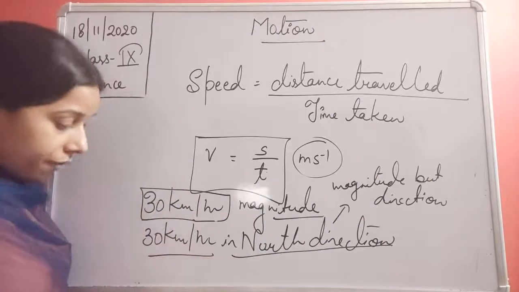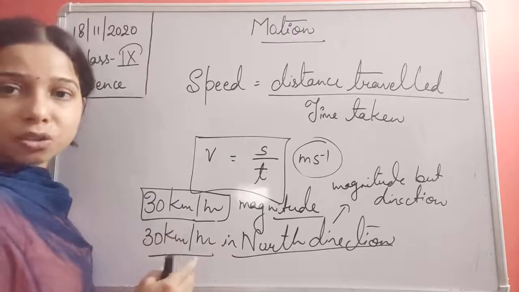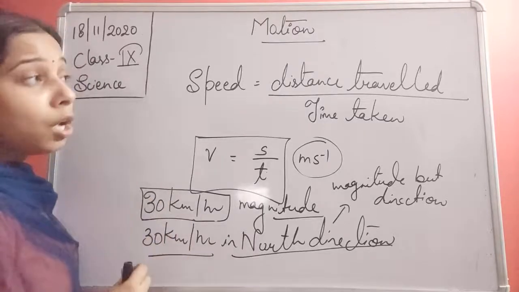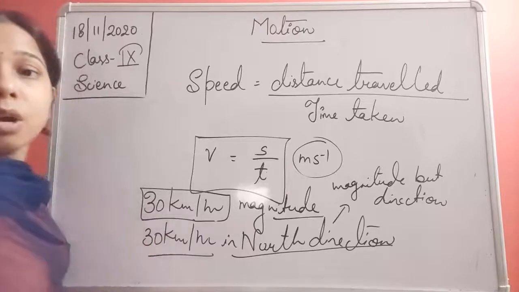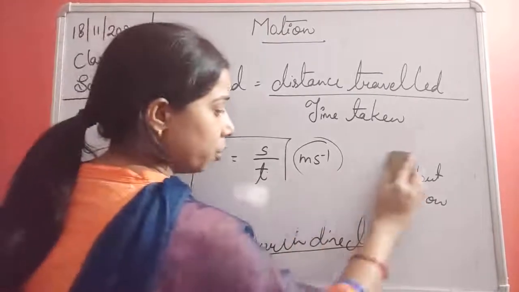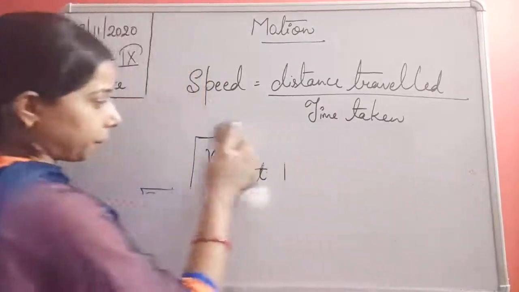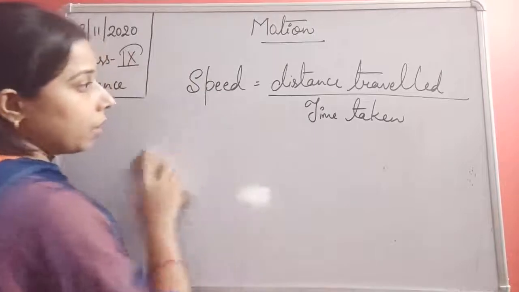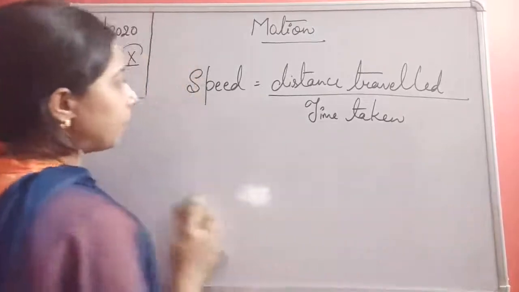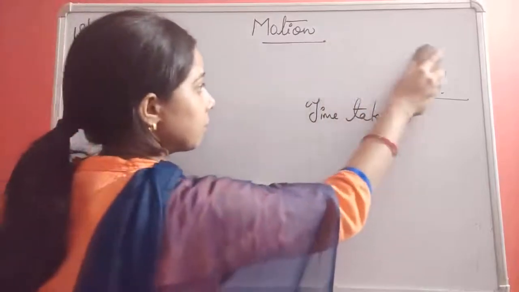And if the speed and the particular direction are also explained, then in place of speed we use another term for it, and that is known as the velocity of the body.